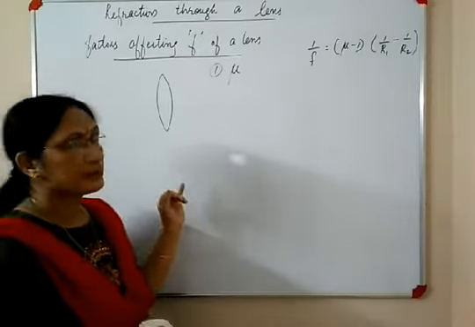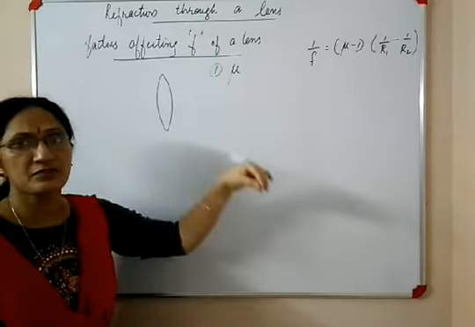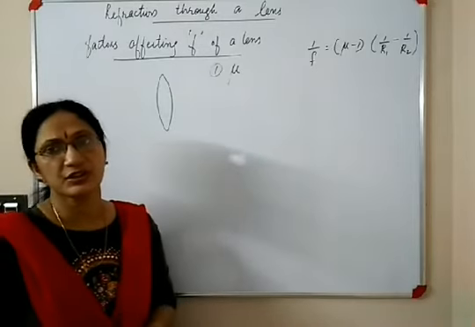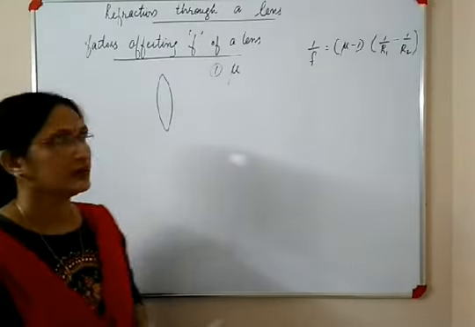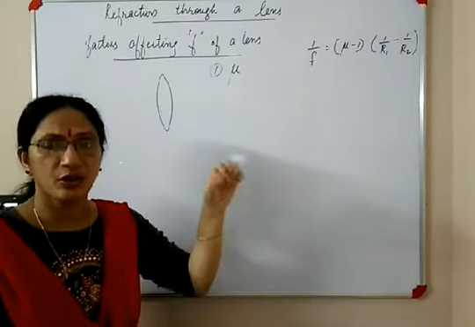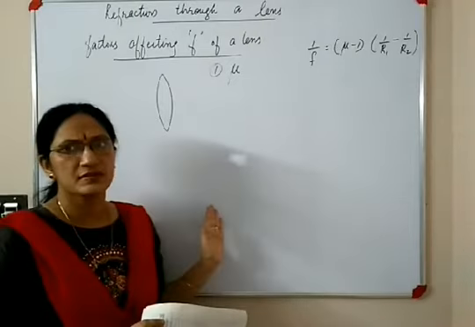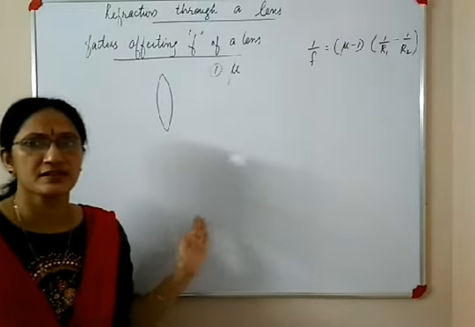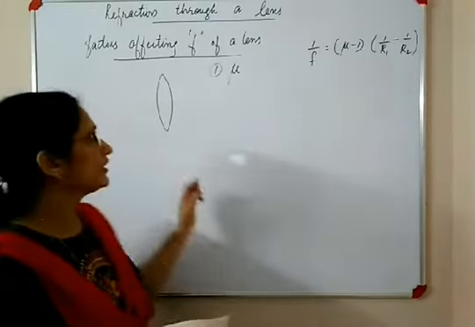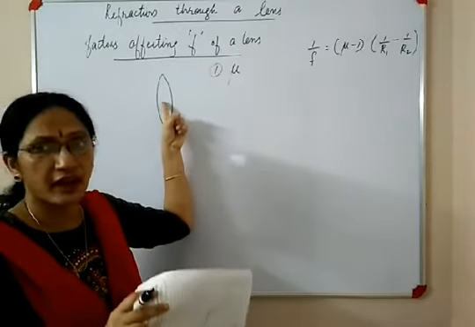Then another point: if the lens is immersed in water, will its focal length change or not? Let us see the reason with an explanation. First consider the lens is in air medium.